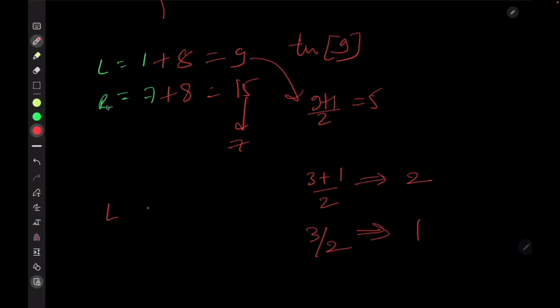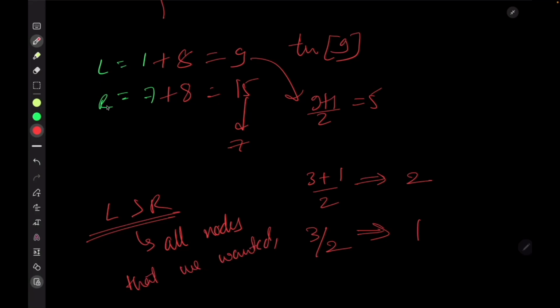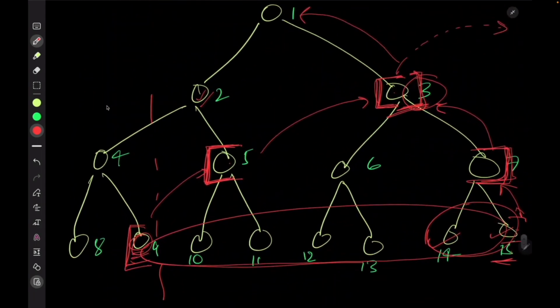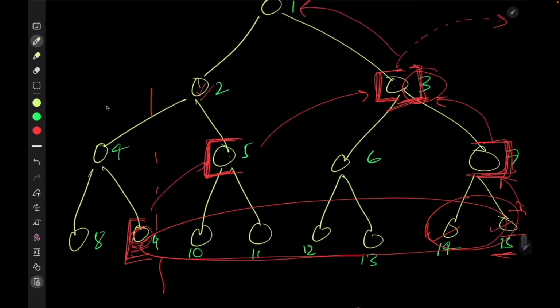At the time when L is greater than R, we will say that we have all the nodes that we wanted. So we stored the values of this node, this node, and this node in our answer.